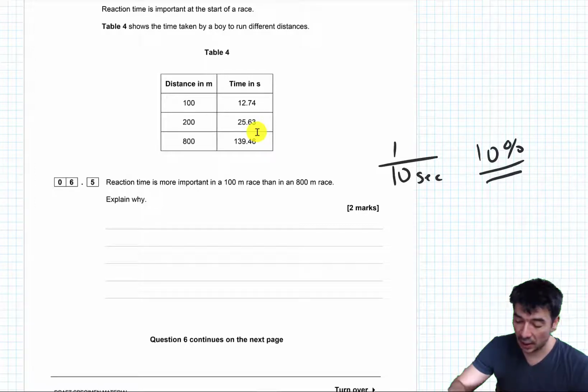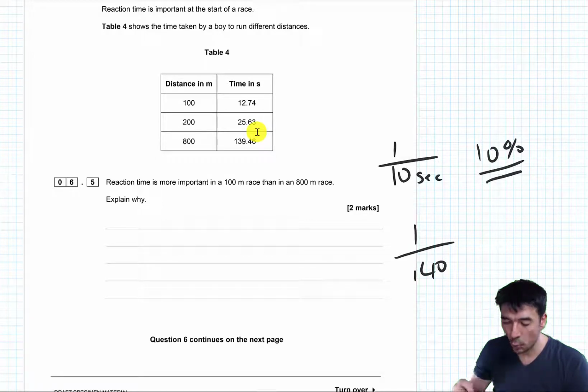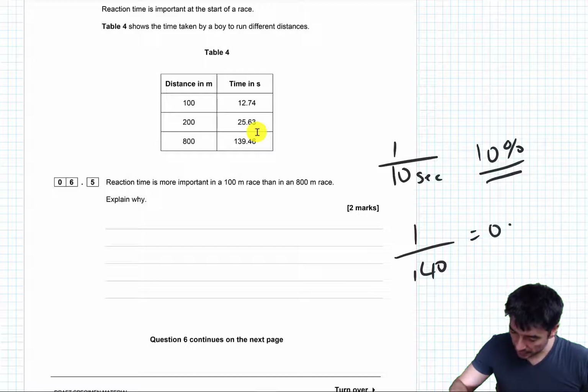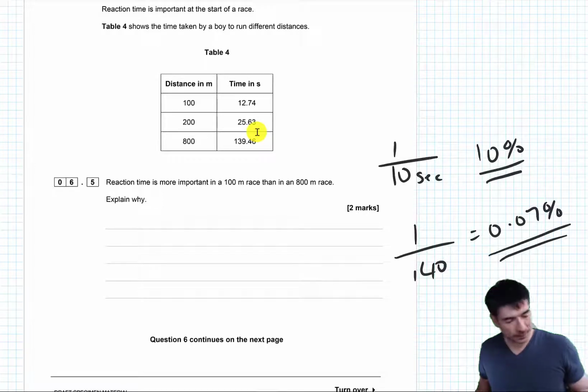But let's just say that you're looking at that 1 second out of your 800-meter race. Well, here he's roughly about 140 seconds, so it's 1 out of 140. And 1 out of 140 is 0.07%, right? So a much smaller percentage.